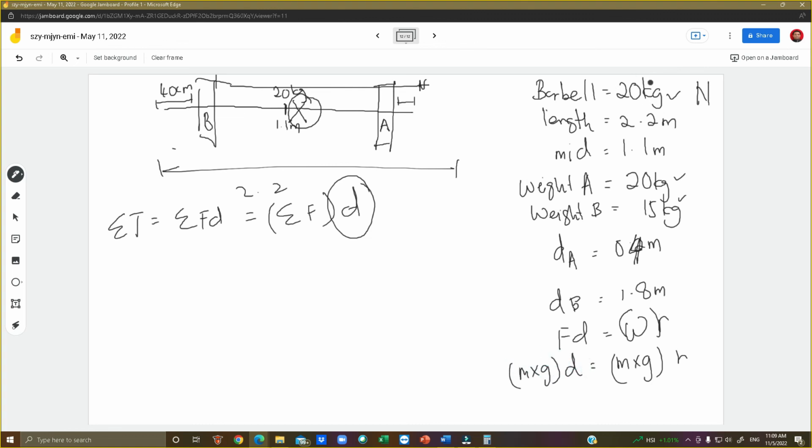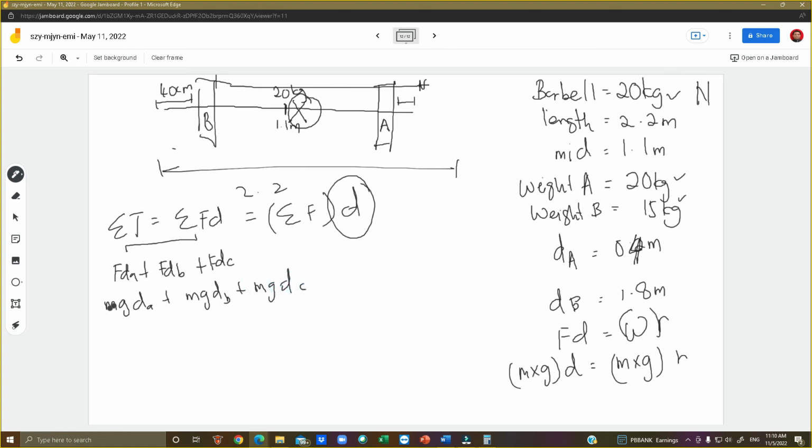So we have mass, but we don't have gravity. If we write this down in full form, it will be like this. We have 1, 2, 3. So we have FDA plus FDB plus FDC. It can be MGDA plus MGDB plus MGDC.